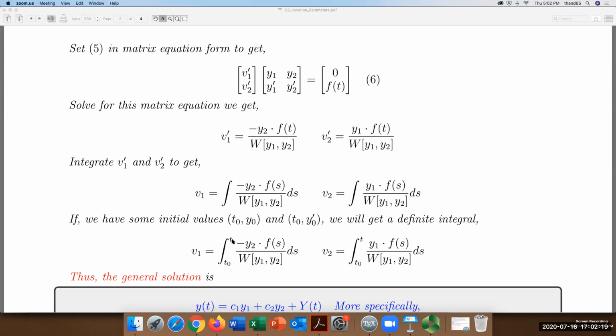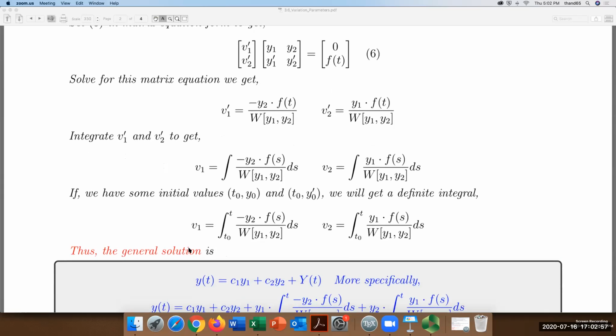Because we integrate these functions up to t using t as the boundary variable, we need to change from t to a placeholder variable, which I call s. So you do the same thing, you just replace t by s and ds here. Similarly for V2, you integrate these functions in terms of s from t0, the initial value, to t to get V2.